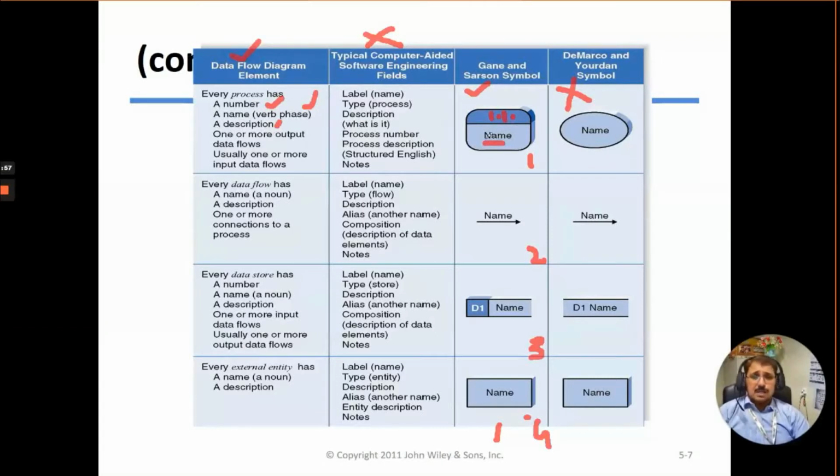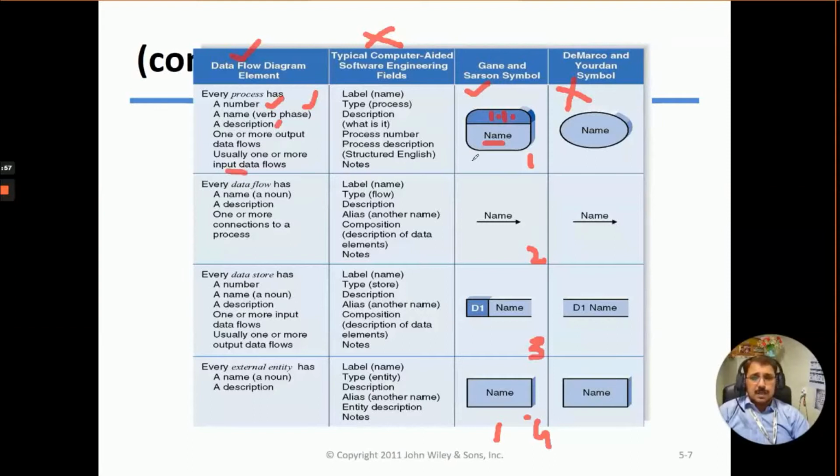Because sometimes the diagram is smaller and you cannot put too much text in it, then people skip it. And if the name is not so clear, then you should put the description also. And usually one or more input data.